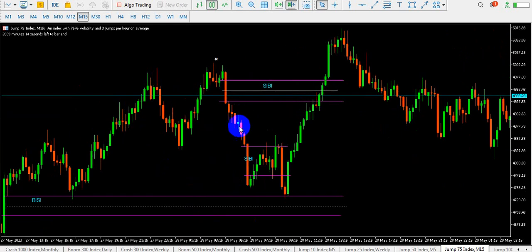But look what was happening. We have so many candles dropping until this last one. Then we have that CB that was created here and also here.